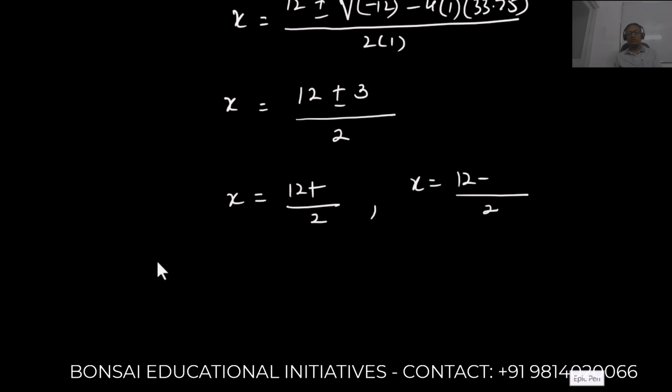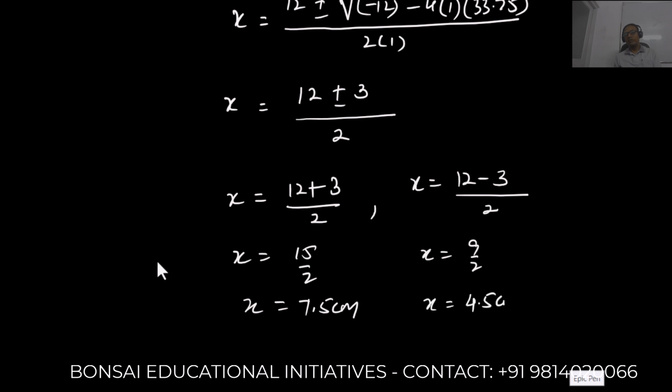So the answer is 12 plus 3, 12 minus 3. So this comes out to be x can be 15 by 2, so x can be 7.5 centimeter, and here x can be 9 by 2, so x can be 4.5 centimeter.